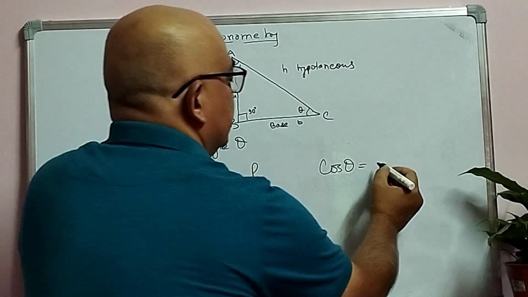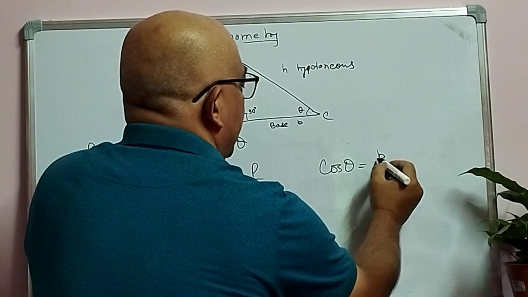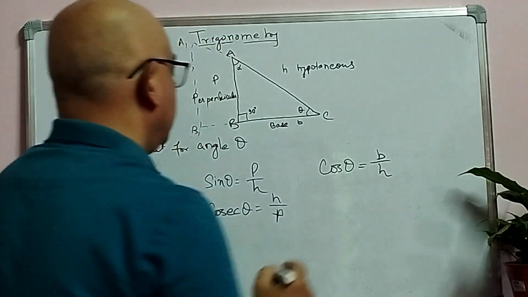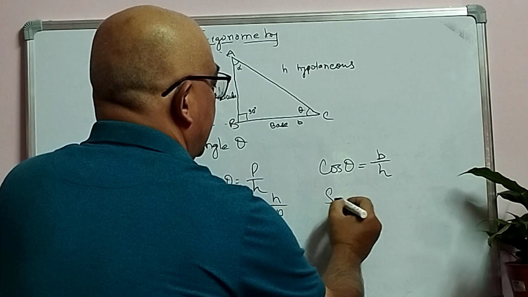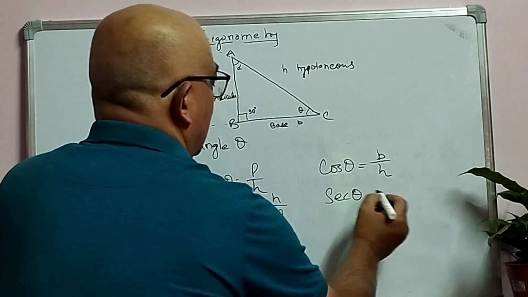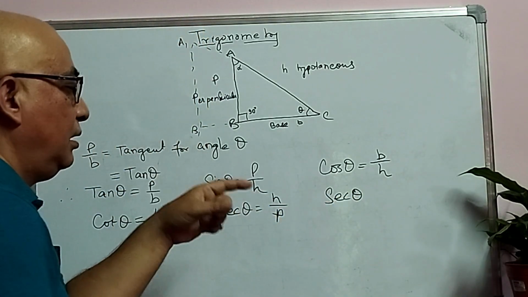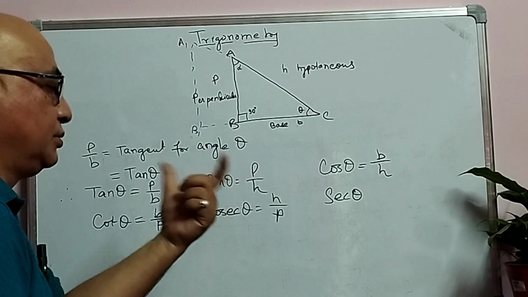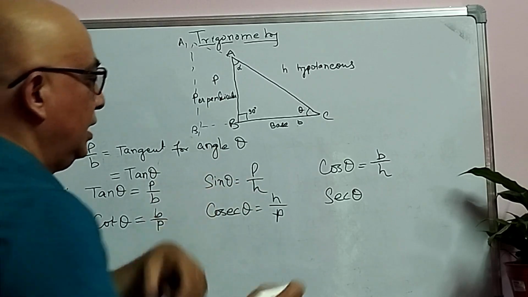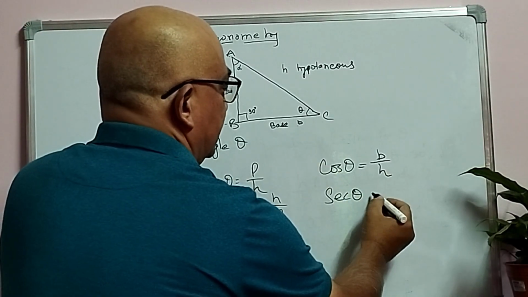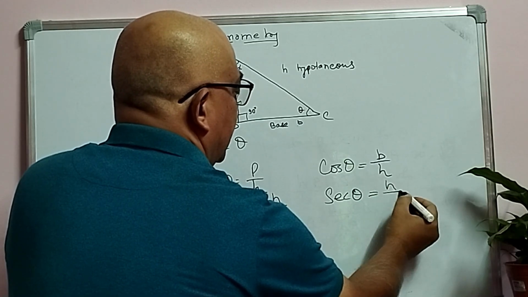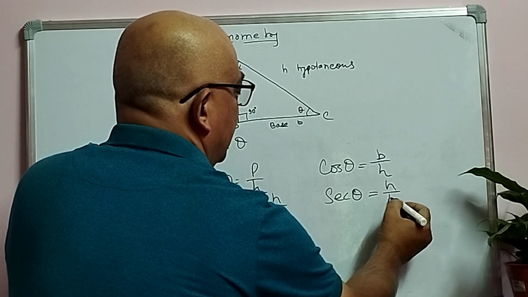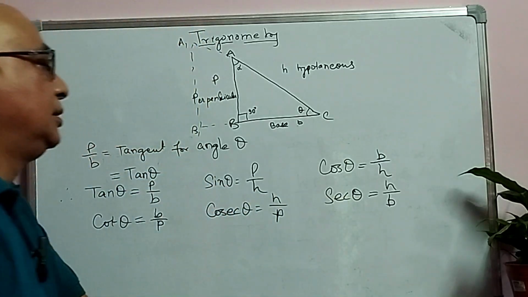Cos theta is B by H. And secant, shortened as sec, is the reciprocal of cos theta, and it's the ratio of hypotenuse to base.